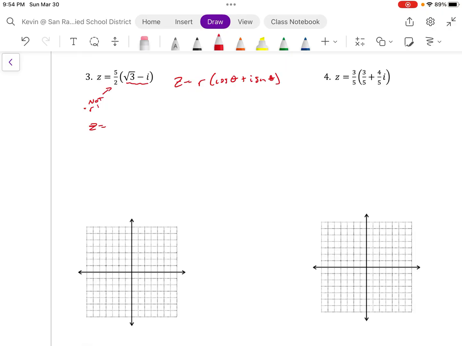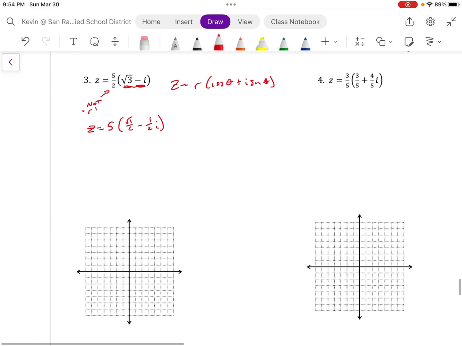We want these values to be those that we see on the unit circle. So this would be 5, and we could bring the 1/2 in here. This is root 3 over 2 minus 1/2 i.